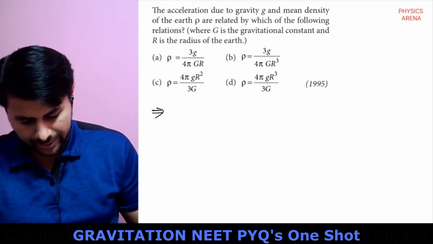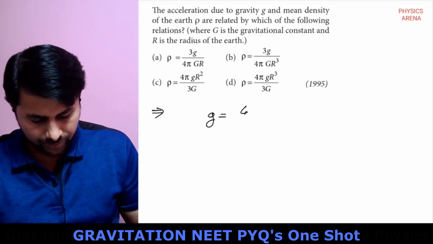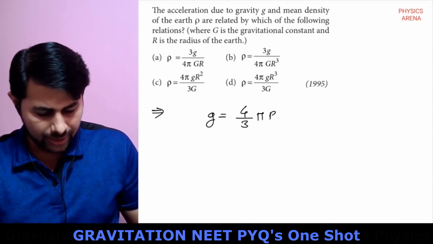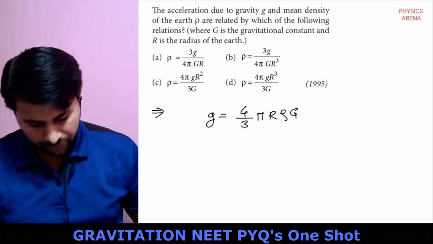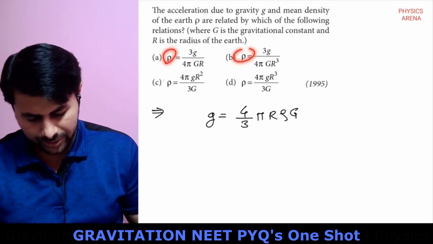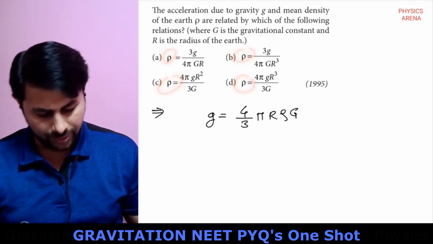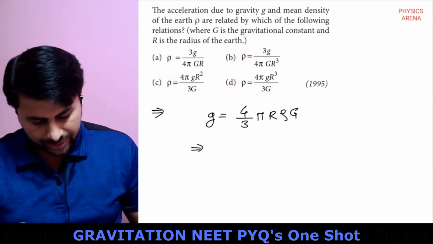So we know that g is equal to 4 by 3 pi r rho G, right? And we want rho because in all options they have given rho. So take everything else on the other side.